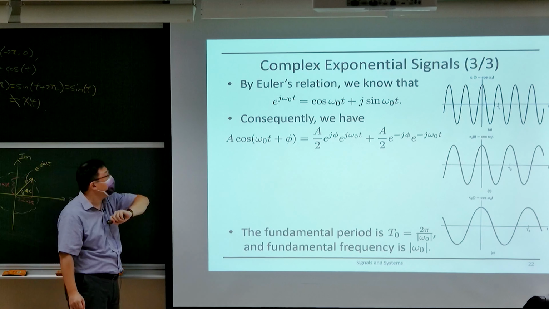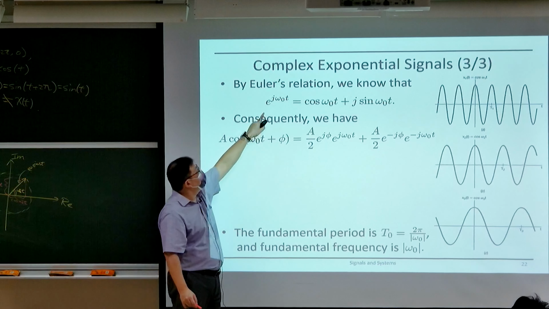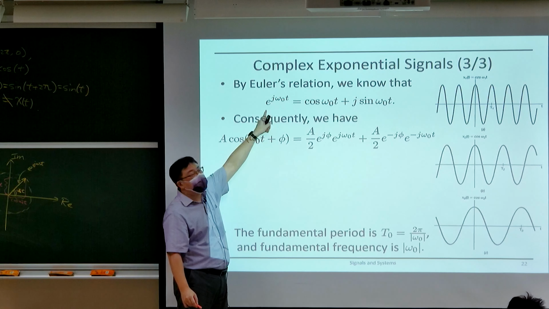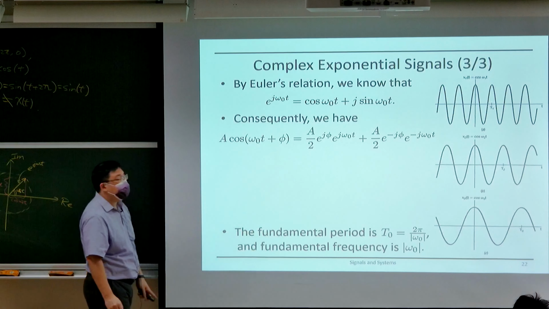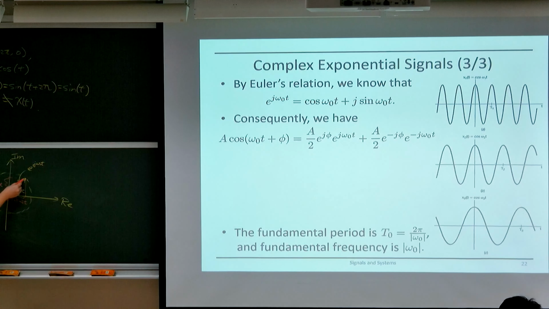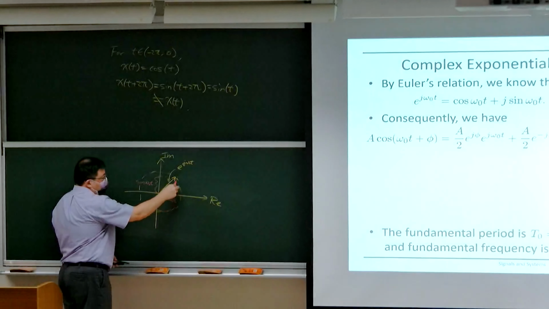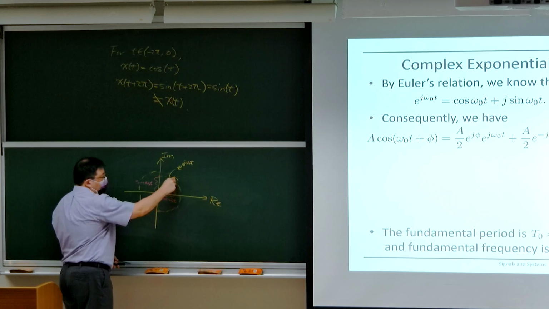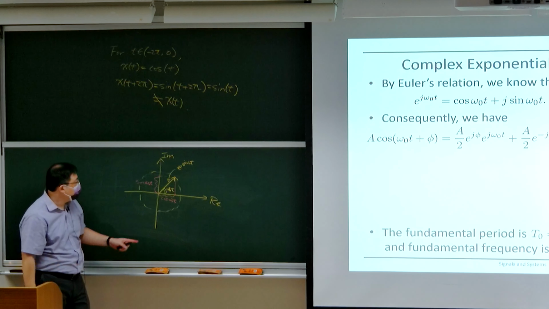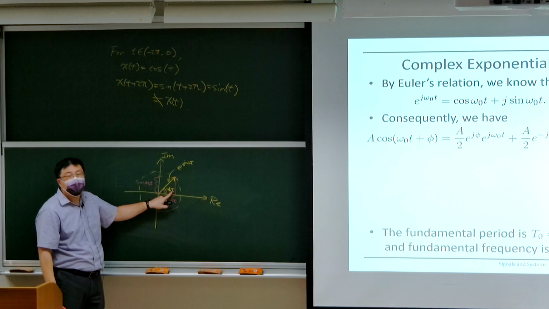This periodic complex exponential e to the j omega naught t is essentially this vector on the unit circle that goes in one full cycle every time omega naught t is 2 pi.